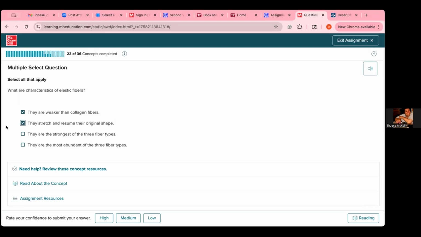Okay, so they're not the most abundant. That's collagen. Are they the strongest? Let me see.